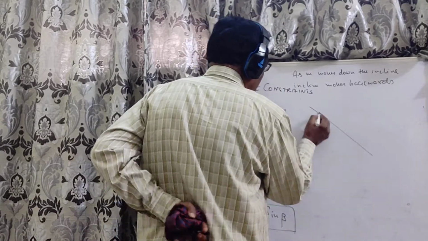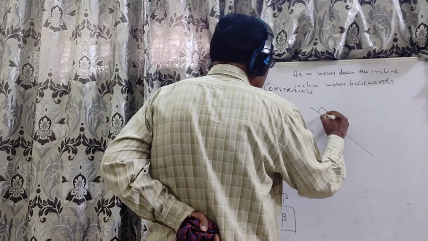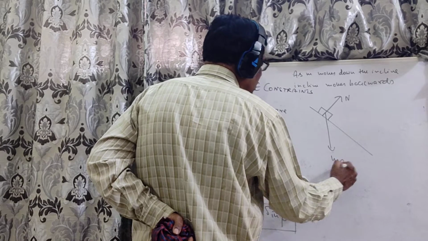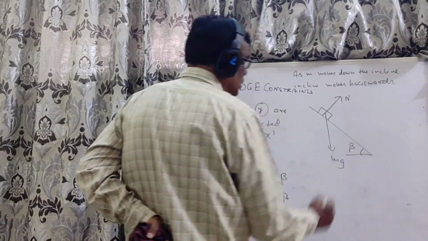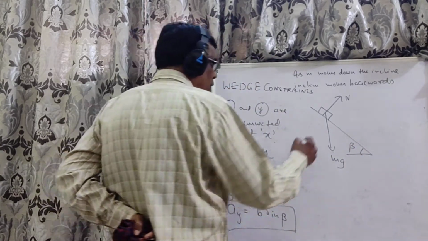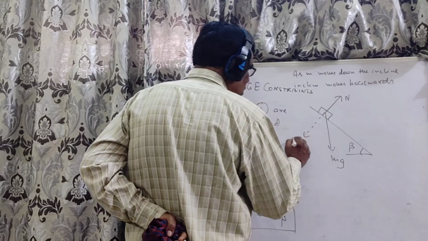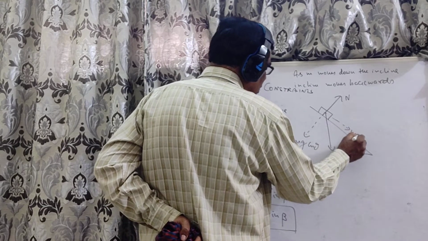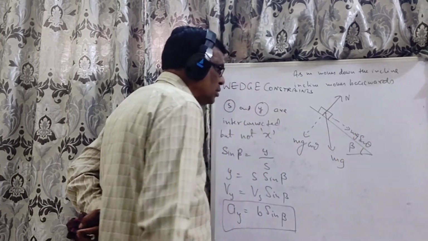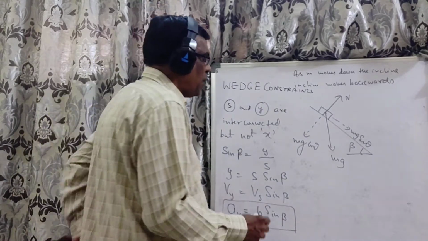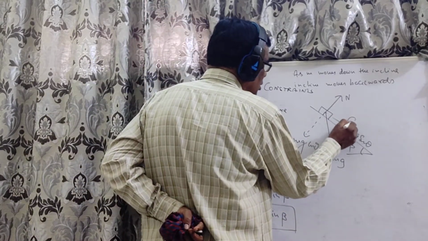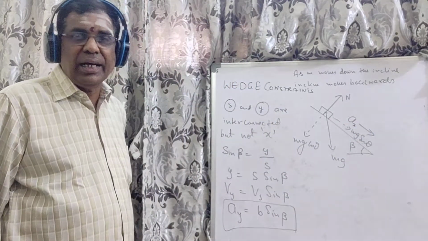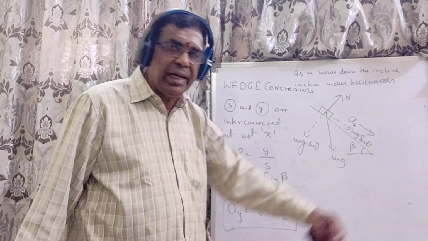When I want to apply Newton's second law, I know that this is N, this is mg, of course, this is angle beta, and now this is mg cos beta, this is mg sin beta, and this is accelerating down the incline along the x-axis with ax.